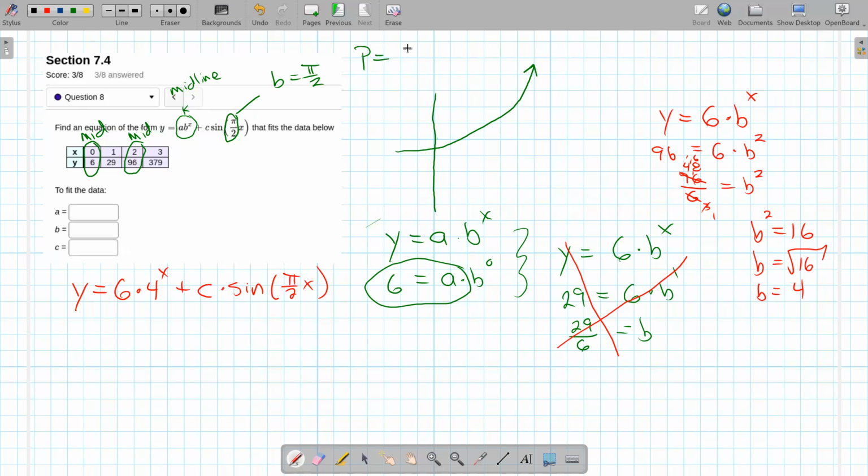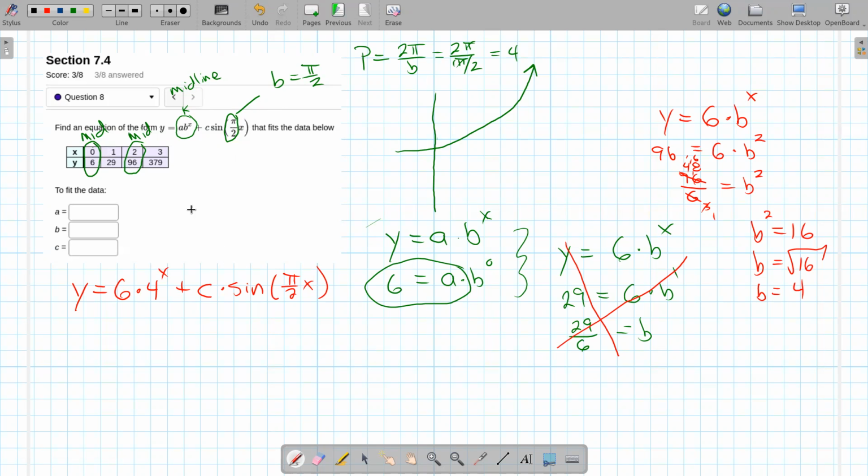And the period is always 2 pi over b. b is pi over 2. So the pi's are going to divide out. Dividing by 1/2 is like multiplying by 2. So the period is 4. So from 0 to 3 is the first period. So that confirms that here's where I'm hitting the midline at 0 and 2, because 2 is half of the period. All right, should have done that first.